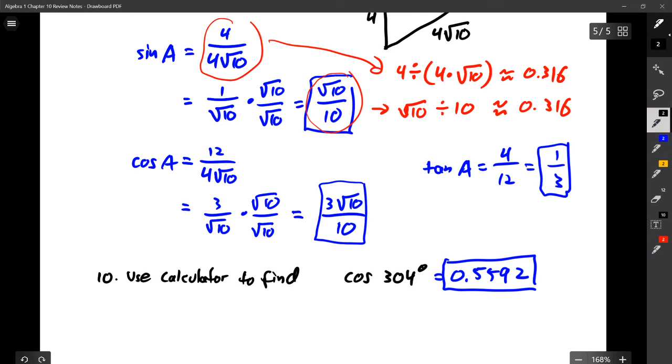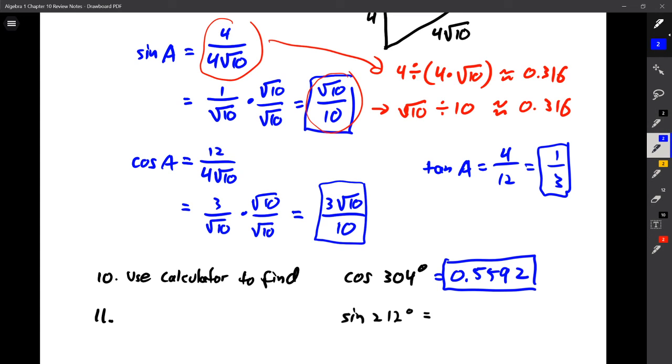And then number 11, same kind of problem, but this time the sine of 212 degrees. And if I do sine of 212, I get negative 0.5299.